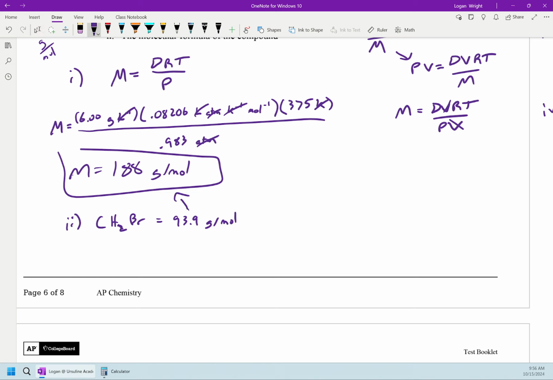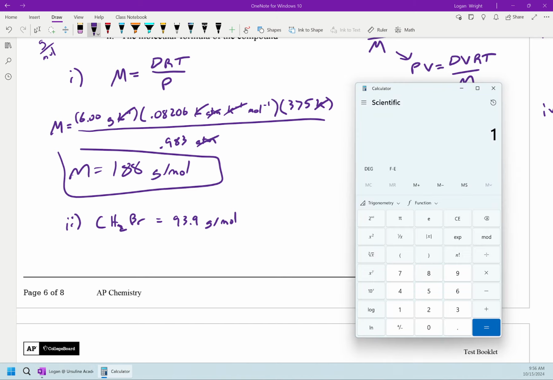That is much too small, which means I need to figure out the ratio. We can kind of see it's about half, but if I did 188 divided by 93.9, I get a number really, really close to 2. That means my correct molecule is twice as big as this molecule in its molar mass.